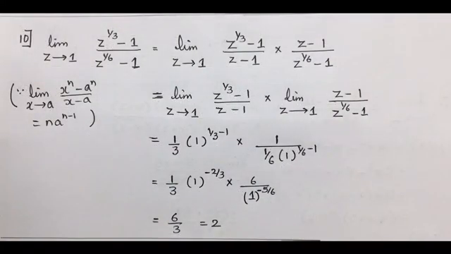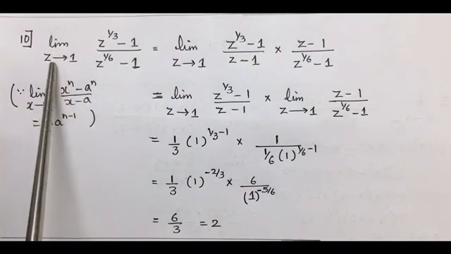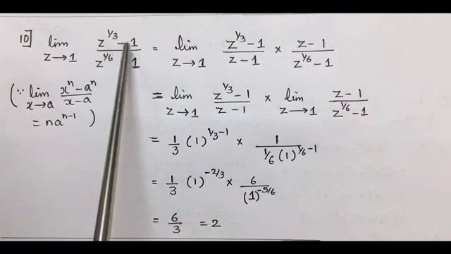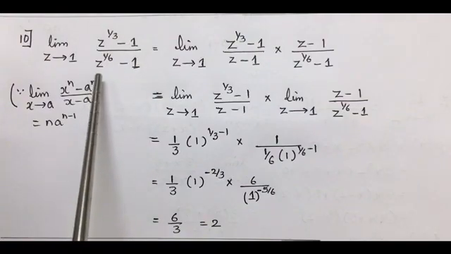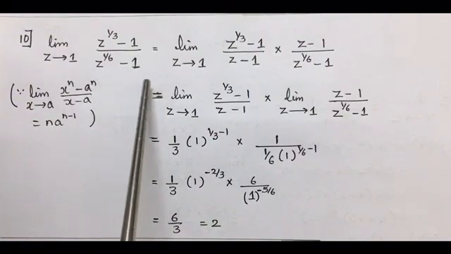10th example. Given is limit z tends to 1, z raised to 1 by 3 minus 1 divided by z raised to 1 by 6 minus 1.